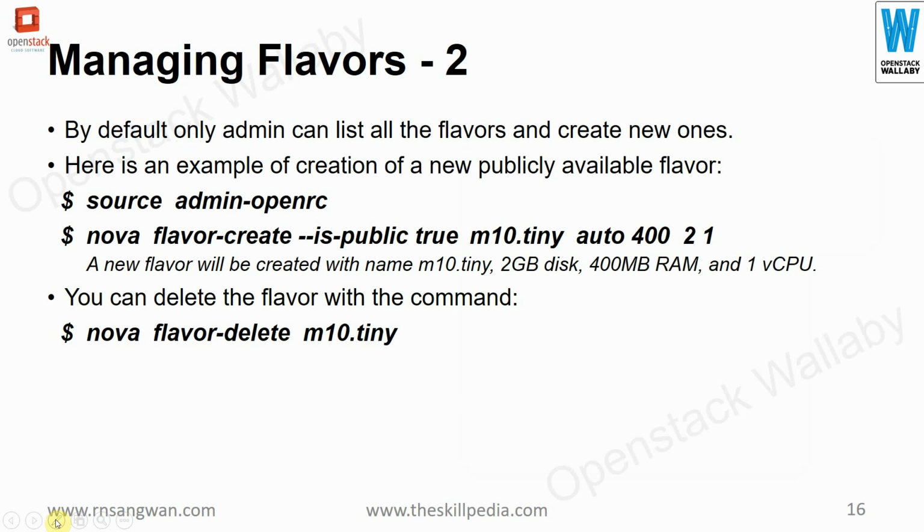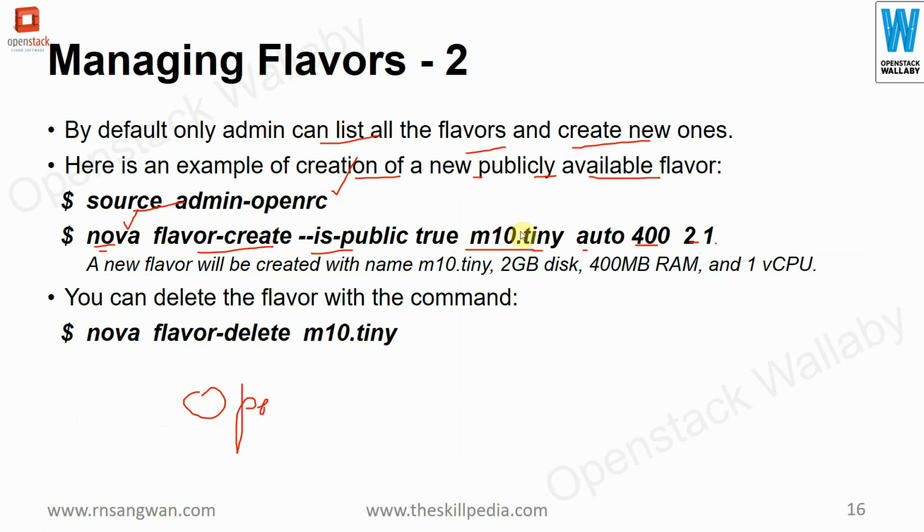By default, only admin can list all the flavors and create new ones. Here's an example of creating a new publicly available flavor. Source the file and nova flavor create or openstack flavor create. As I said, it is preferable that you use the openstack command instead of nova. openstack flavor create --public, then the flavor name, 400, 2, and 1.